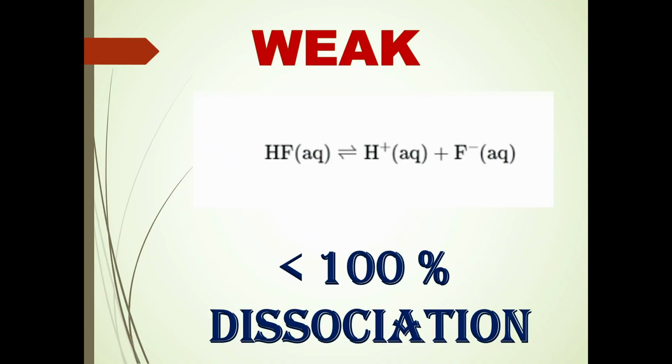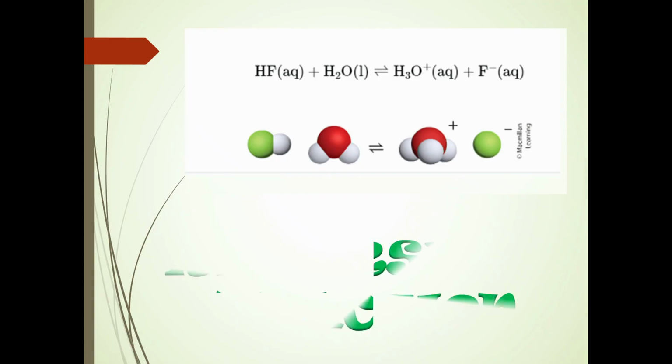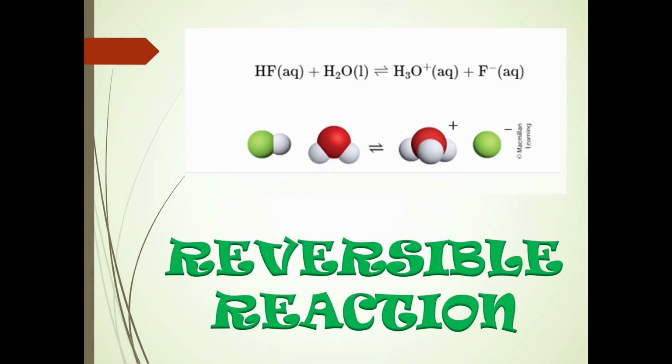HF dissociates less than 10%. So I can have a reversible reaction. We're going to focus on the weak ones in this chapter. So that is a reversible reaction. HF in water makes H3O+ and F-, but F- can then react with the H3O+ and go back to the HF.